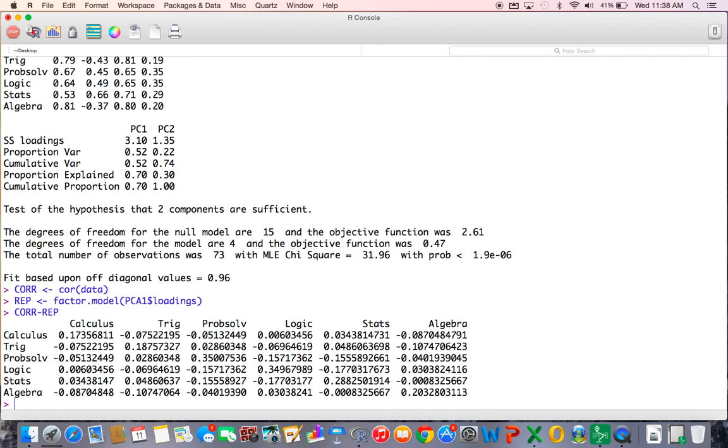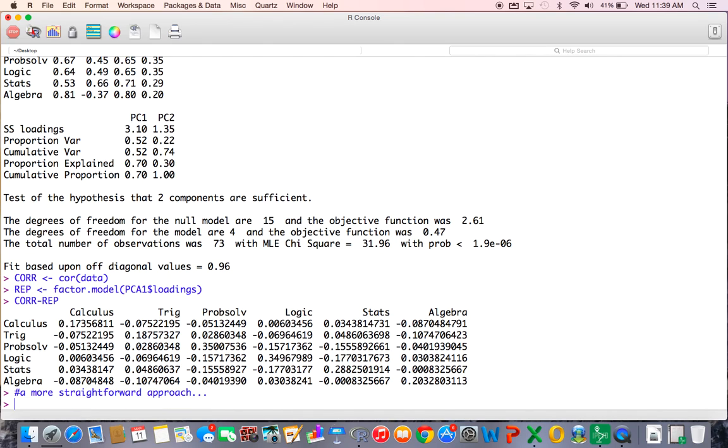Now, a more straightforward approach. You can just create this right off the bat to get the same matrix. You can just do factor residuals, and we want our correlation matrix with our PCA 1.